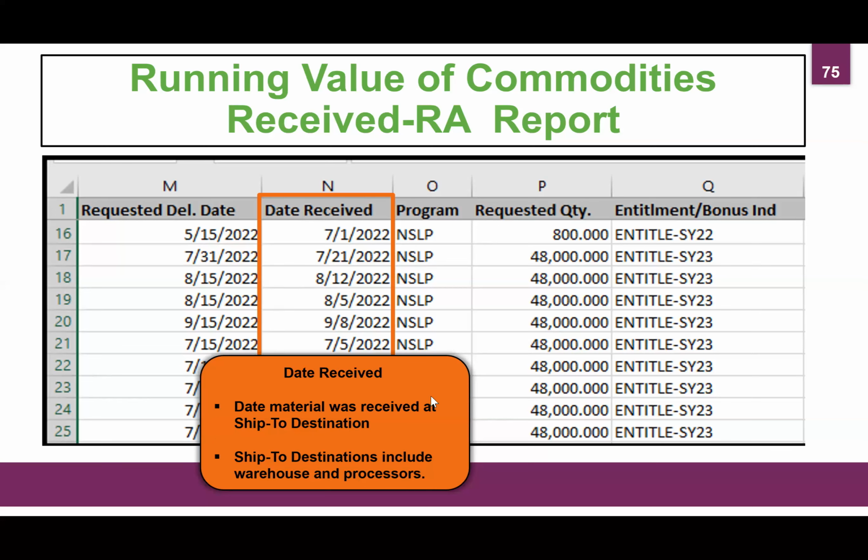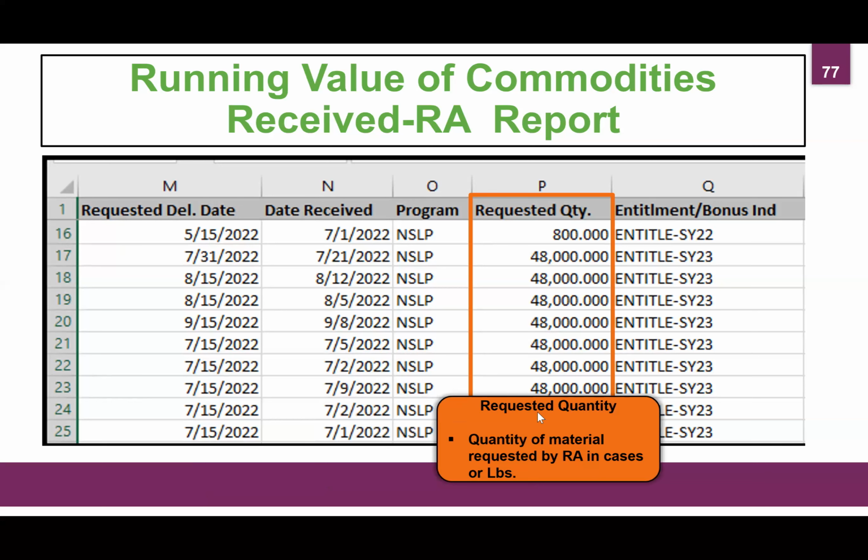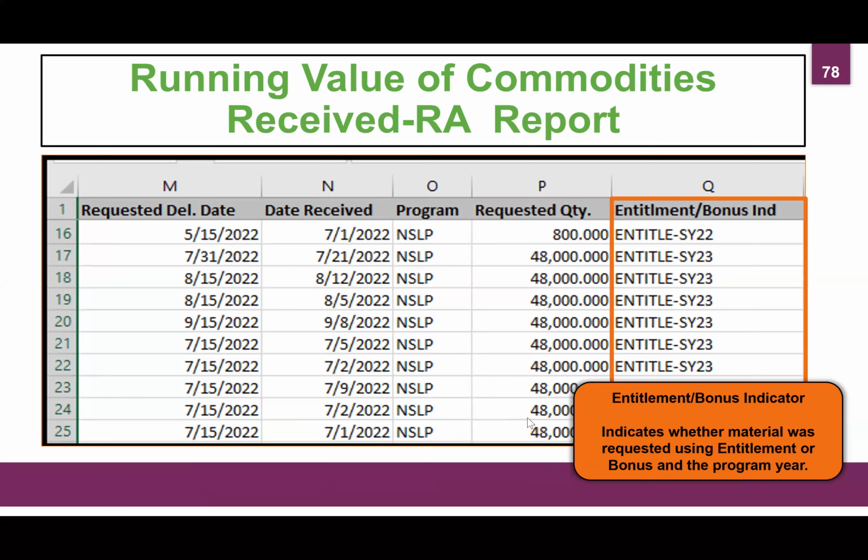So again, that date received there. And then of course the program for NSLP. And then requested quantity. So that's going to show you in cases or in pounds. And then y'all saw this from the other one. This one, of course, again, is entitlement, and it's showing us the program year. So you can see entitlement for 2022 or entitlement for program year 2023.